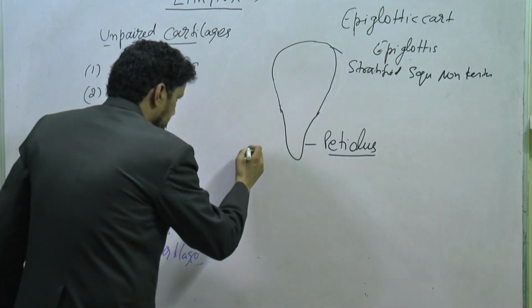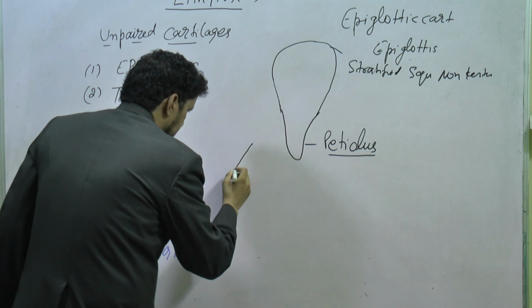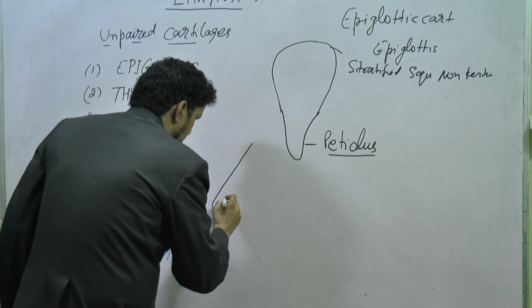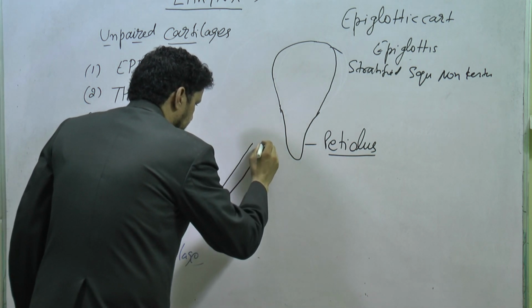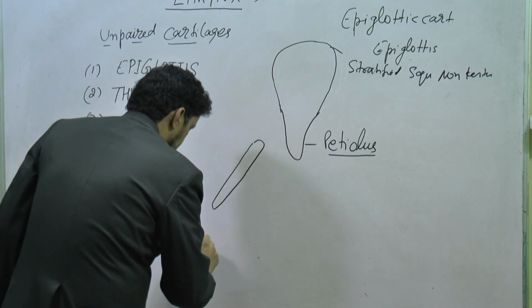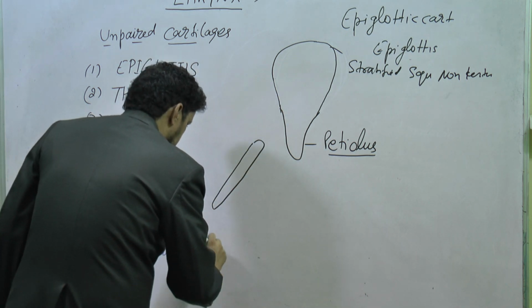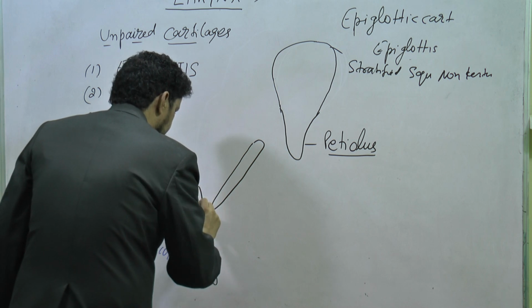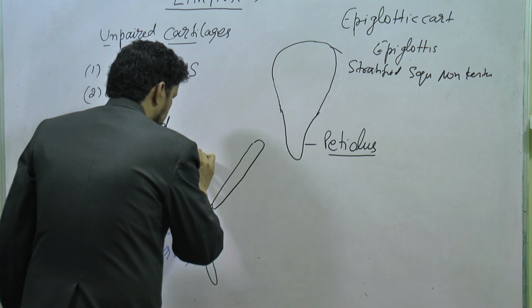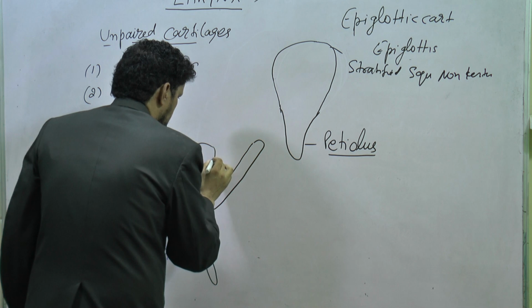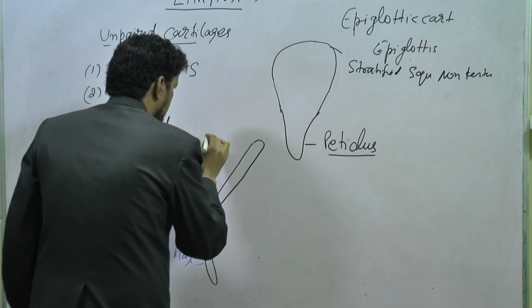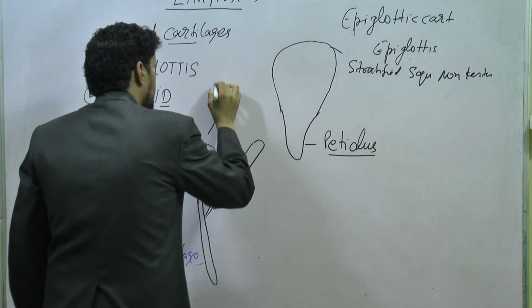So this is the epiglottis in lateral view, the thyroid cartilage, the hyoid bone and the tongue.